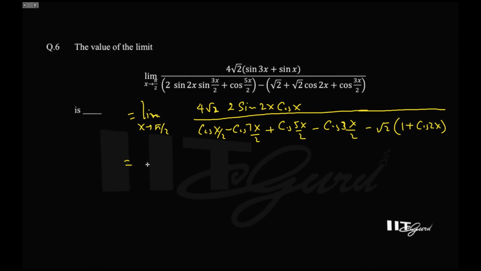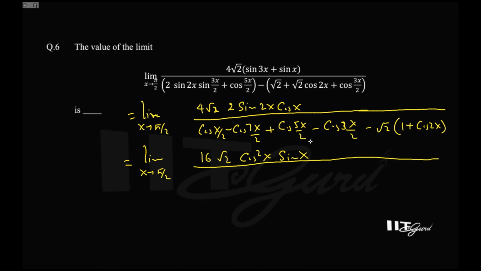In this way we can get limit x tends to pi by 2, 16 times 4 is 2, 8, and that is 16 times root 2 for 2 sin x, root 4 you will get, and here cos square x into sin x. If you split this sin 2x as 2 sin x cos x, this 2 will associate with this 4, 16.